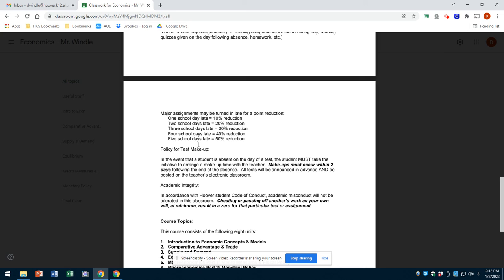Two days, 20, and so on up to five days, 50% reduction. I want to put rules in place to disabuse you of the idea of turning work in late. On the other hand, I don't want to make it so that you can't ever get some points back. This seems to make the most sense for me. But again, we'll work on this on an individual basis, case by case.